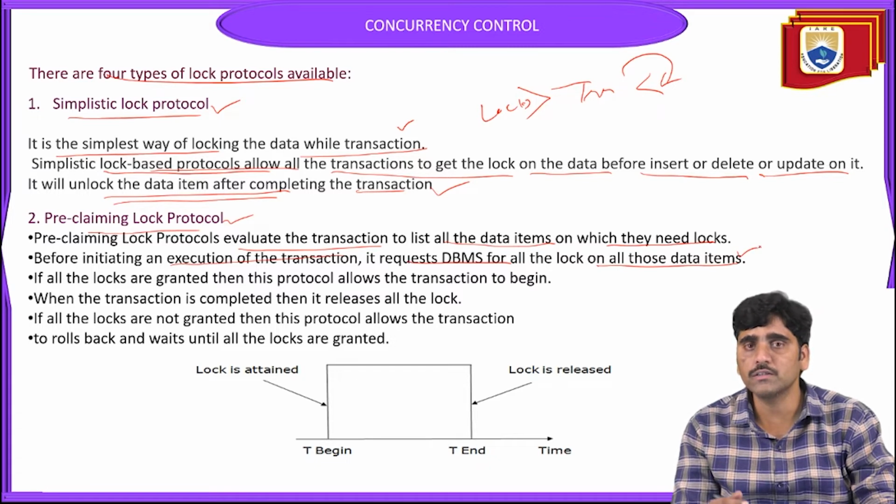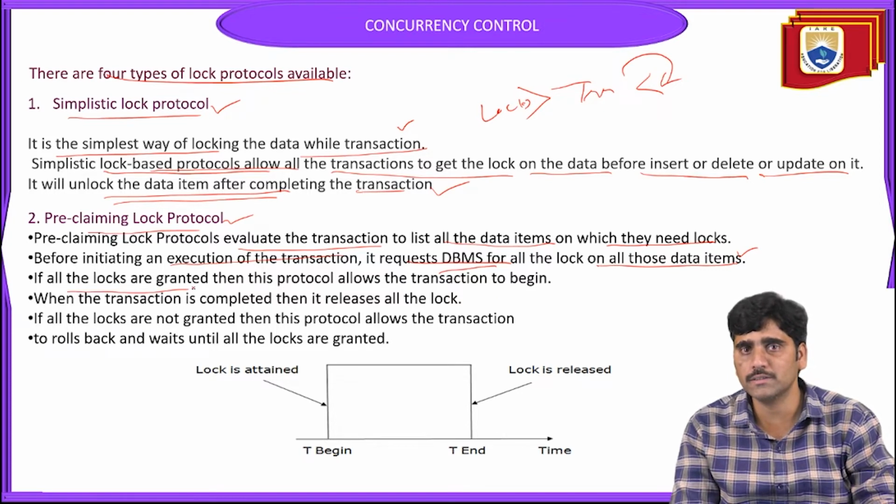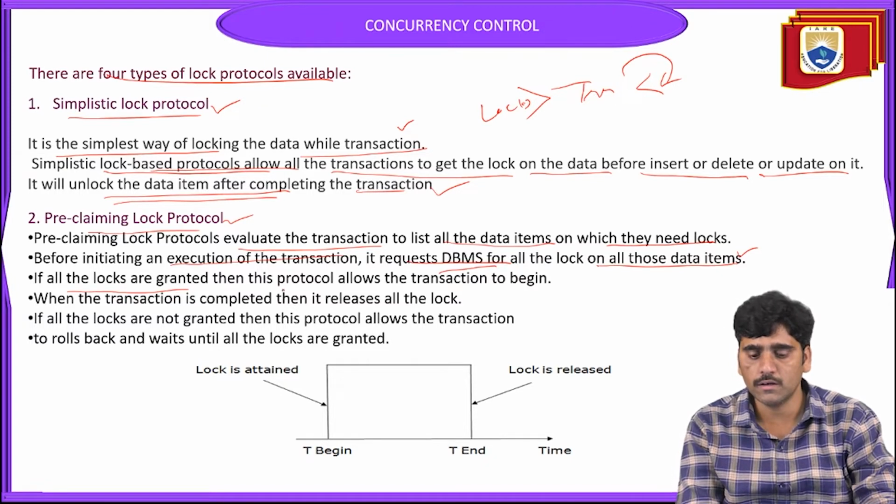That means before initiating the execution of the transaction, it has to take permission from the DBMS about locks. If all the locks are granted by the DBMS, then this protocol allows the transaction to begin. Until and unless the permission is granted, it is not able to acquire the locks. After acquiring the locks only, it is going to execute.